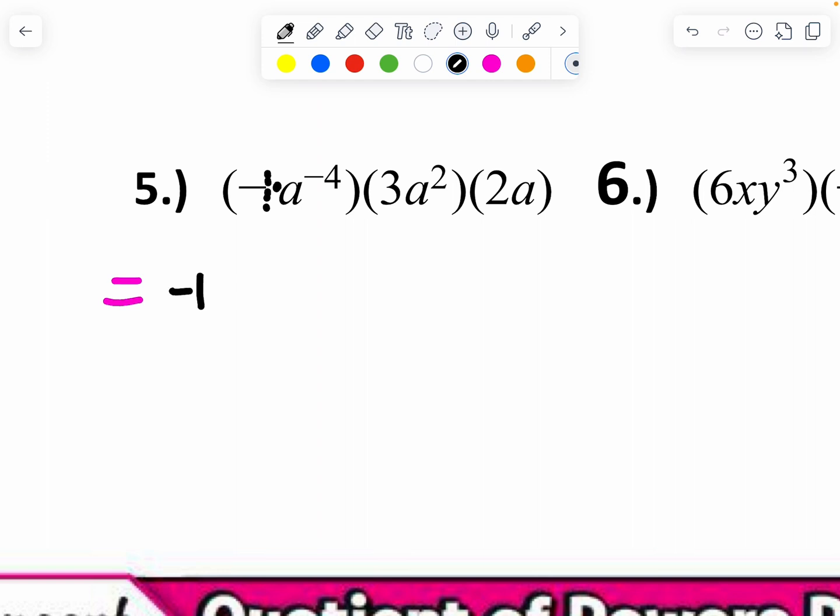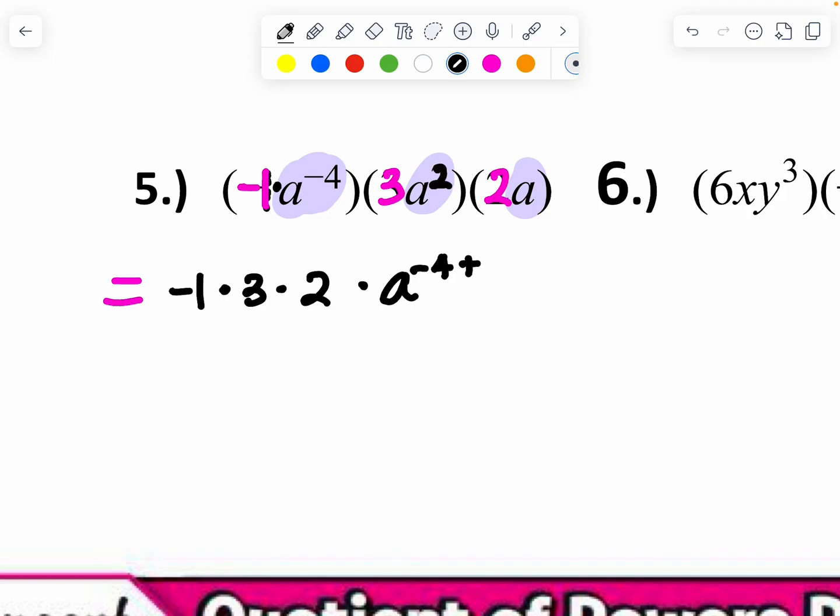Okay, so it's negative 1 times, I'm going to multiply all my coefficients first. So negative 1, 3, and 2 are going to be collected together. So negative 1 times 3 times 2. And then I'm going to collect all my powers, okay, all the purple highlighted parts, and then a to the power of negative 4. I'm going to just combine my exponents right now.